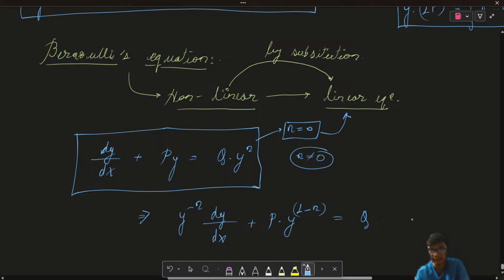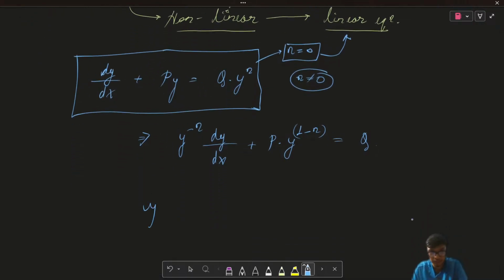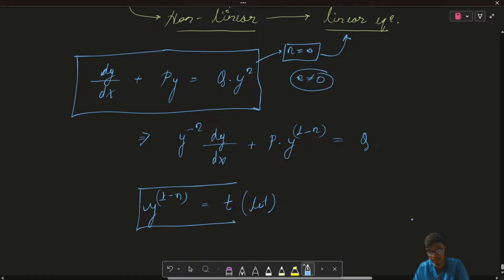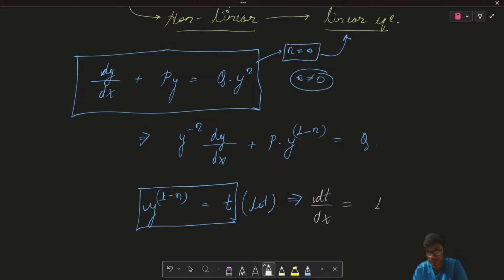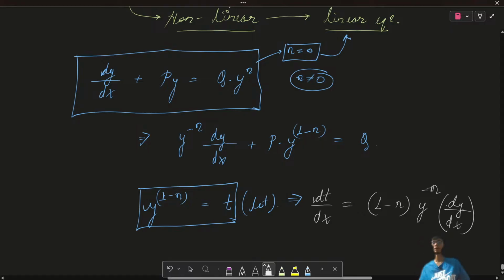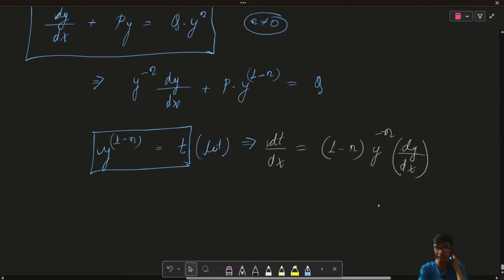Now from here, the interesting catch is that if you assume y to the power 1 minus n as some variable t, then if I differentiate t, dt upon dx is equals to 1 minus n into y to the power minus n into dy upon dx, right? So I will have this particular form of the derivative, right?